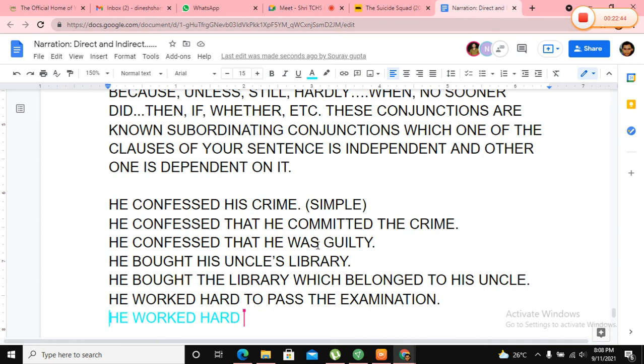You read the sentence above. He worked hard to pass the examination. Here in the sentence, we have a purpose. So how do you connect purpose? You connect purpose by so that.